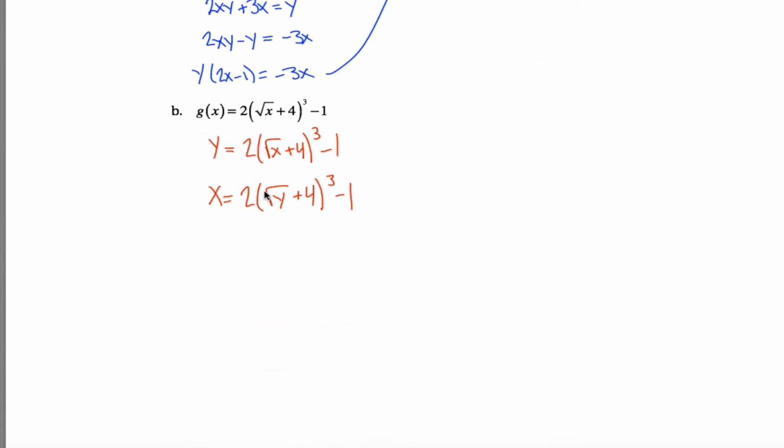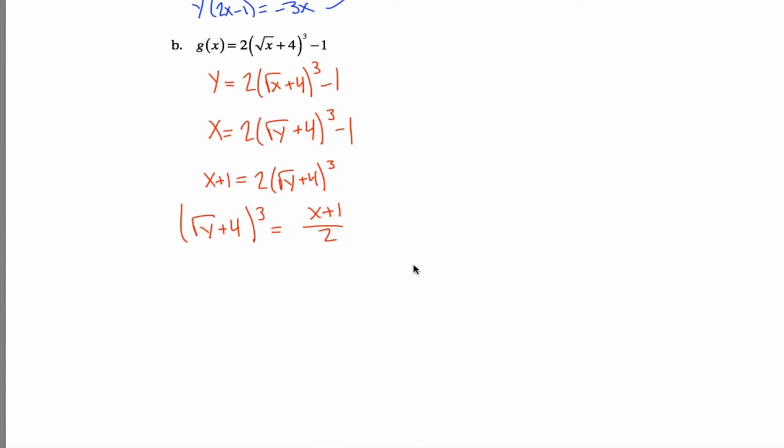I can isolate it. To isolate it, add 1 to both sides of the equation. And divide both sides of the equation by 2. And then take the cubed root of both sides of the equation.